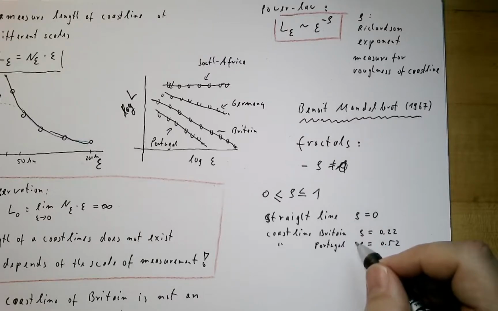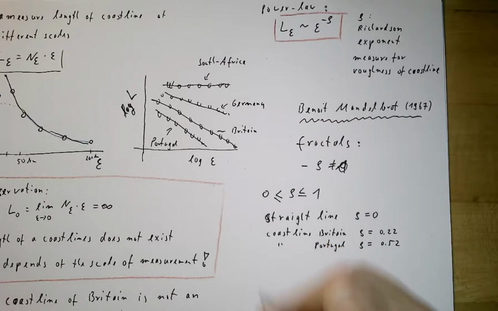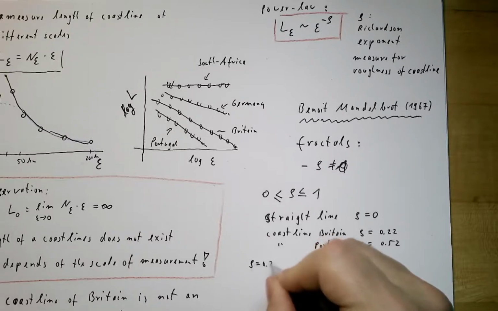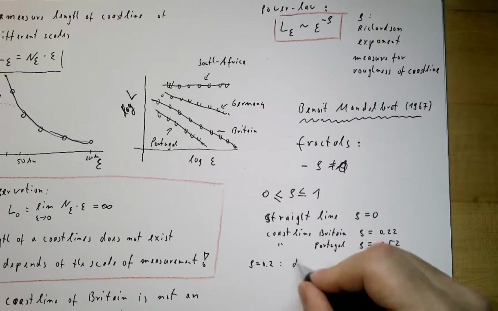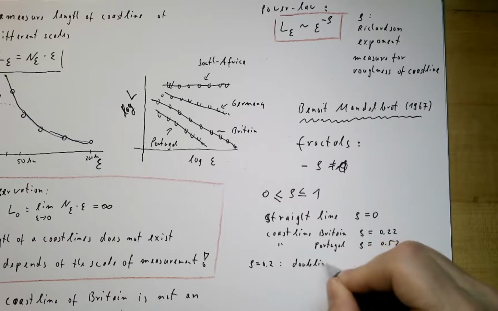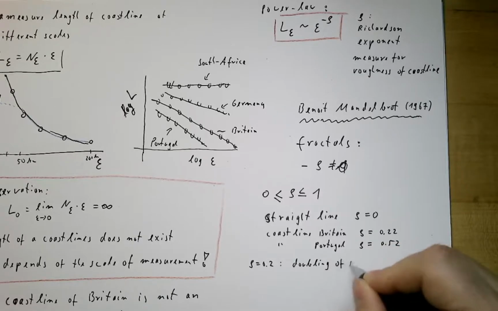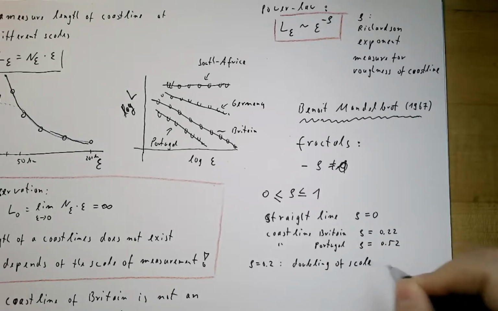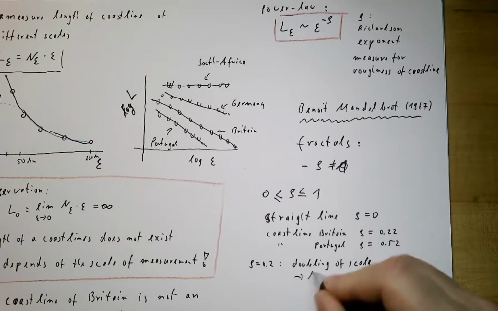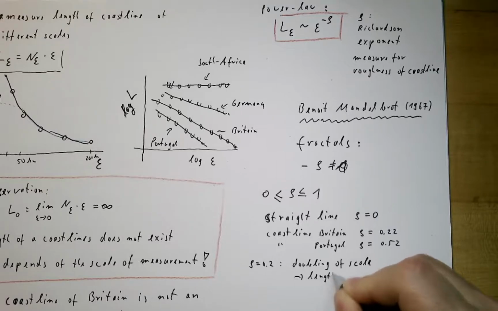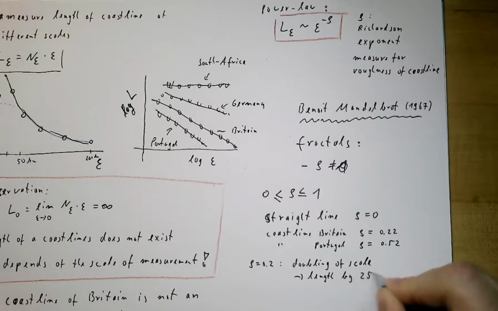And so what does the roughness mean? If we have, for example, a rho of 0.2, this means a doubling of the scale changes the length by 25%.